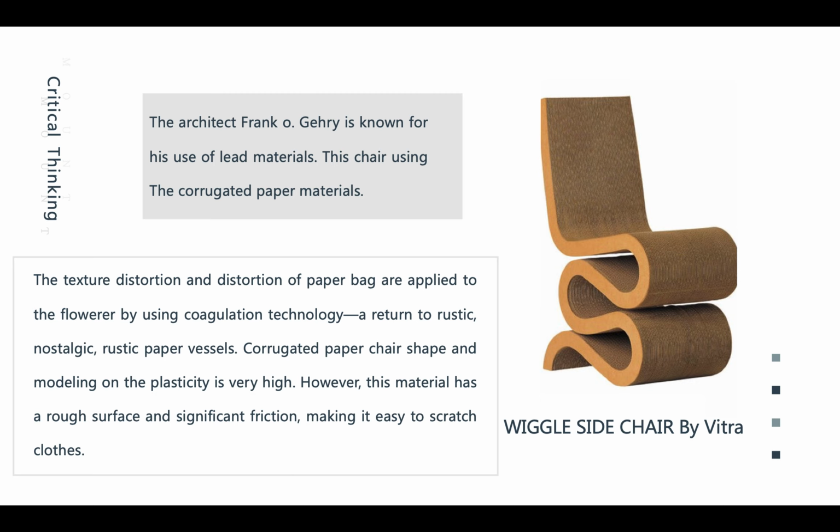The corrugated paper chair's shape and modeling plasticity are very high. However, this material has a rough surface and significant friction, making it easy to scratch clothes.